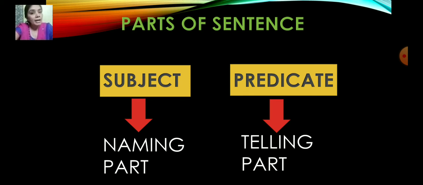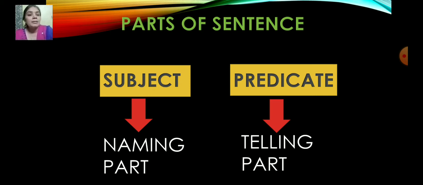So remember that there are two parts in a sentence, that is subject and predicate. In your exams, they will ask you to underline the subject and circle the predicate, or they will ask you to find out only the subject or only the predicate. So you must be very talented to find out which is subject and which is predicate.